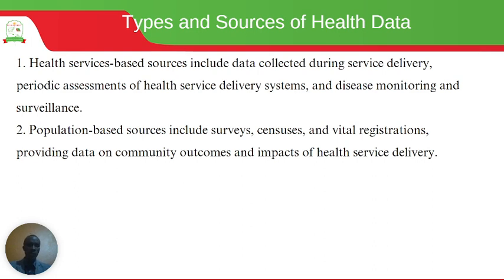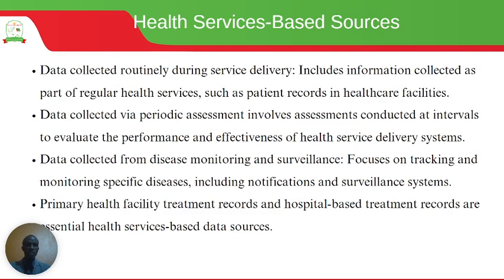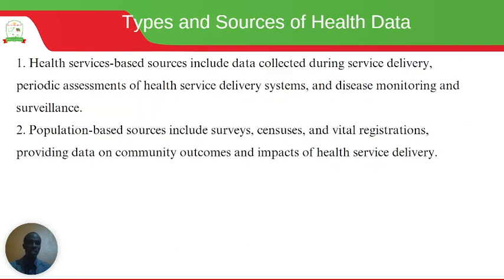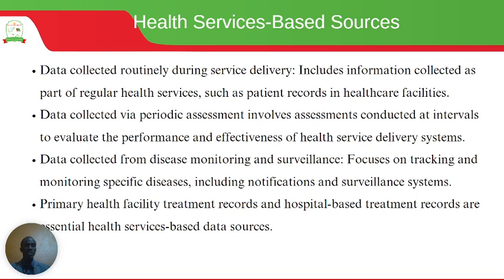Another population based source can be the vital registrations, where we look at births, deaths, marriages, and all those vital registrations, and all these provide data on community outcomes and impacts of health service delivery. First we shall expound more on health services based sources, and later on we can look at the population based sources.